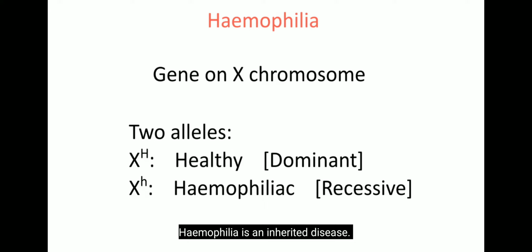Hemophilia is an inherited disease. People who suffer from hemophilia are unable to make their blood clot. They bleed severely from small injuries. The gene linked to hemophilia is on the X chromosome.